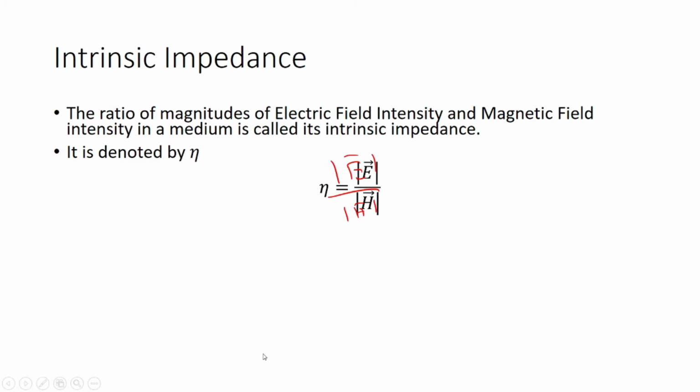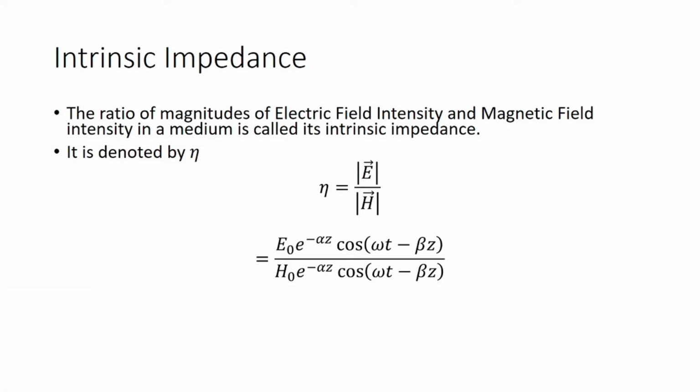So eta is equal to mod E bar by mod H bar. We have obtained that E bar is equal to E naught exponential of minus alpha z cos omega t minus beta z along the direction of ax cap. Therefore, the magnitude removes the ax cap, and similarly, the magnetic field intensity is H naught exponential of minus alpha z cos omega t minus beta z along the direction of ay cap, and the magnitude removes the ay cap.